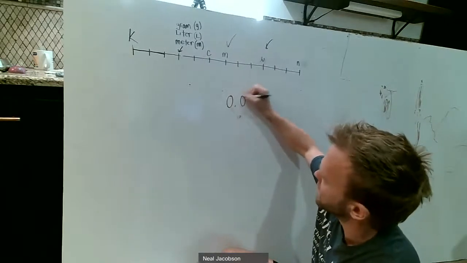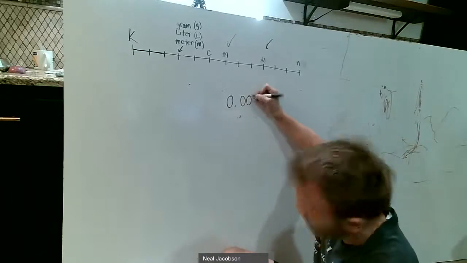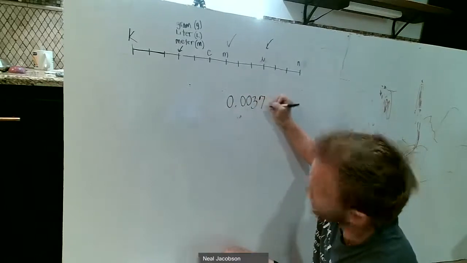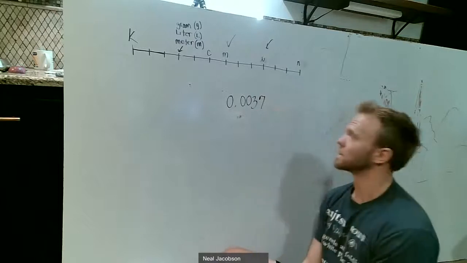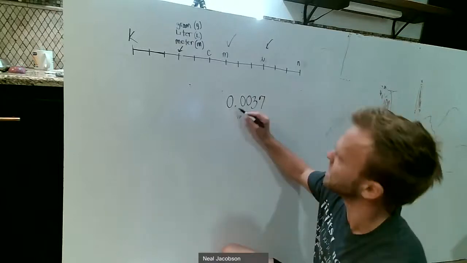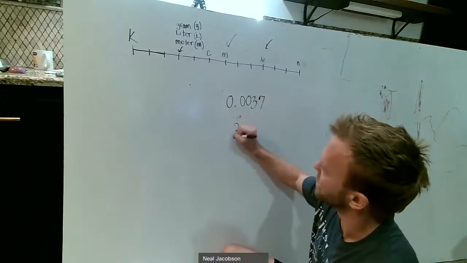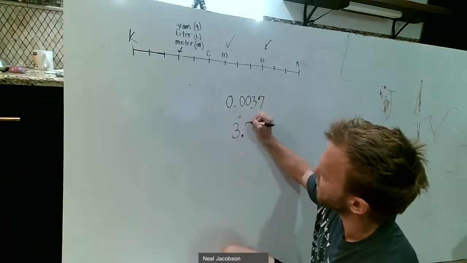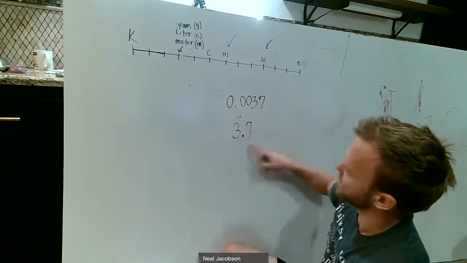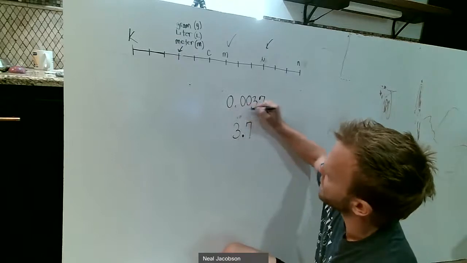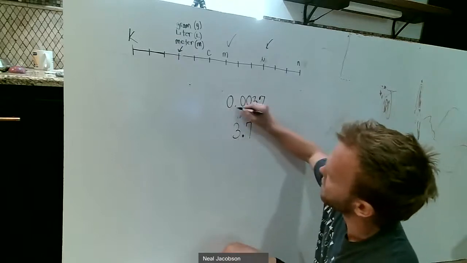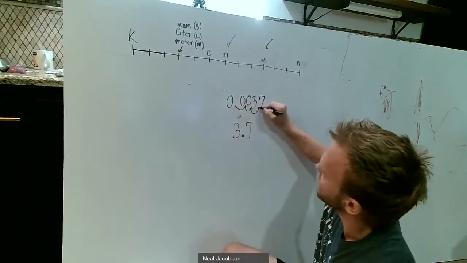So 0.0037. And we want to turn this to scientific notation. Well, it's the same idea. We want it to still read one number to the left of the decimal and then the rest of the numbers after it. And I just ask, how many times do I have to divide by 10 to get there? 1, 2, 3.